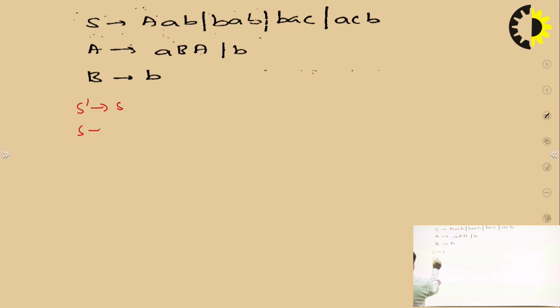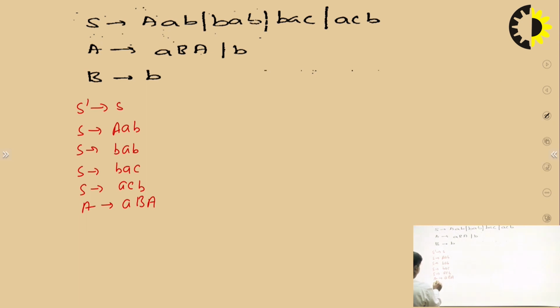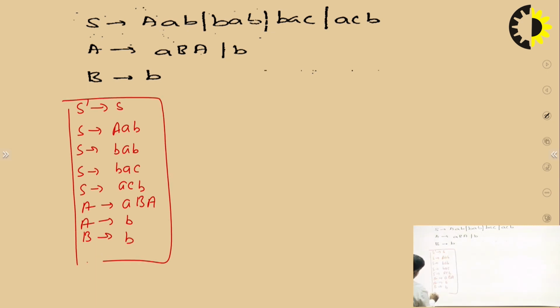Now S tends to AAB, S tends to BAB, S tends to BAC, S tends to ACB, or A tends to ABA, and A tends to B, and B tends to B. Now this is your augmented grammar.